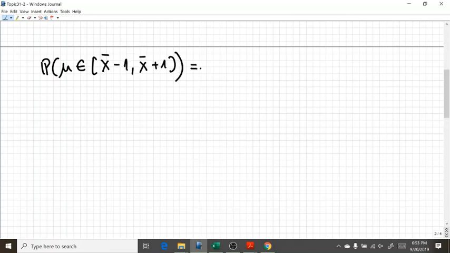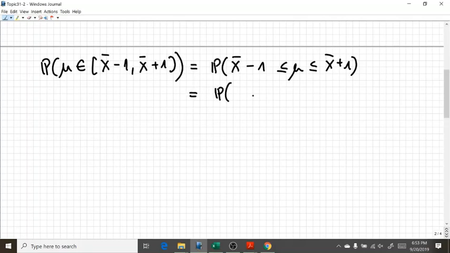And I can rewrite this probability as the probability that mu is in between x bar minus 1 and x bar plus 1. And I can still rewrite it in another way. I can move x bar in the middle, and I end up having what? Well, mu minus x bar is in between minus 1 and plus 1. And I can change the sign here.